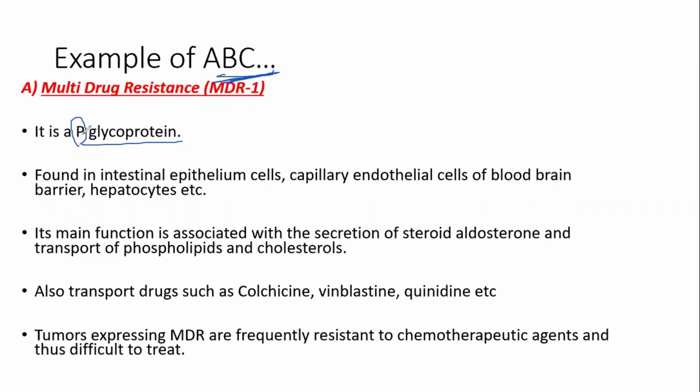It is one of the drug transporters. P is for pump glycoprotein because there are many glycoproteins. They are found in the intestinal epithelium cells, capillary endothelial cells of the blood-brain barrier, hepatocytes, etc. The main function is associated with the secretion of steroid aldosterone and transport of phospholipids and cholesterol. Along with that, they transport drugs such as colchicine, vinblastine, and quinidine.